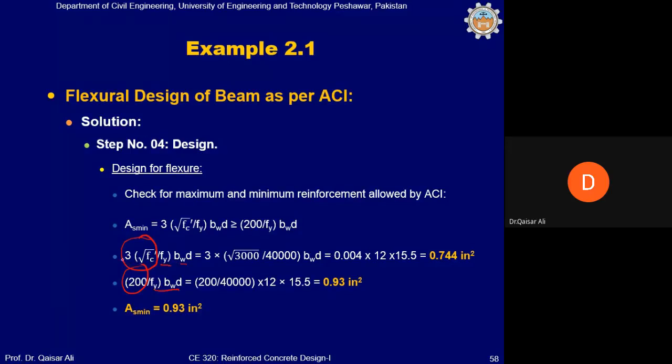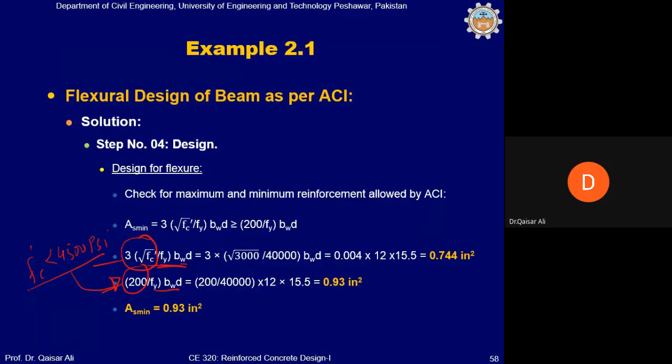So 3 root FC prime will give you a value less than 200 as long as your FC prime is less than 4500 psi. So for all values of FC prime less than 4500 psi, you can straight away use the equation 200 divided by Fy BWD. Only when the FC prime value is more than 4500 psi will the other equation give a value greater than 200 divided by Fy BWD.